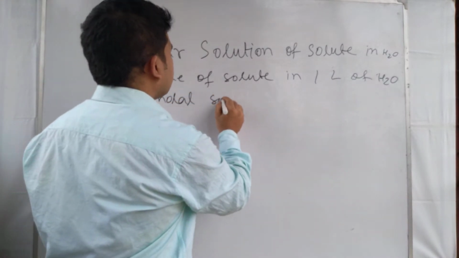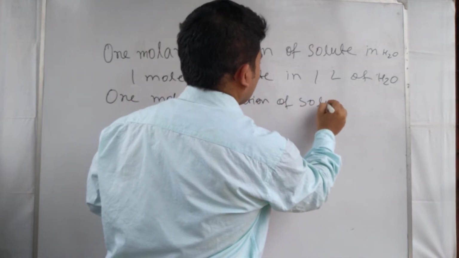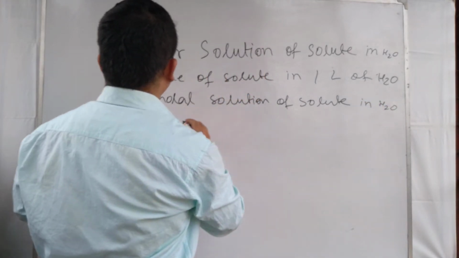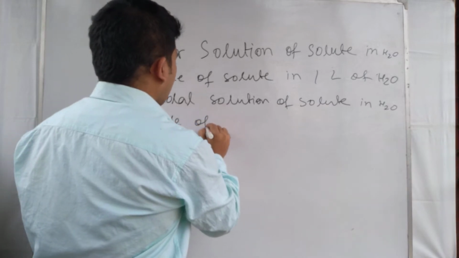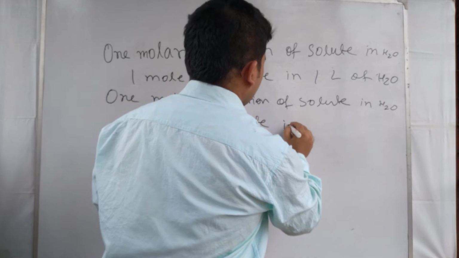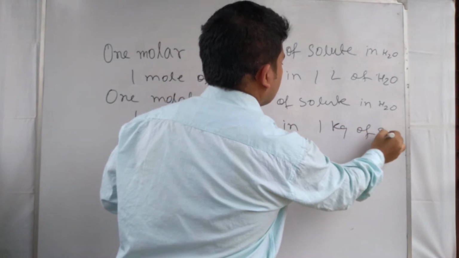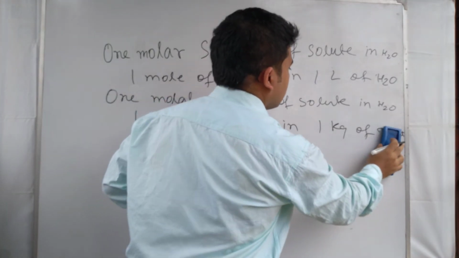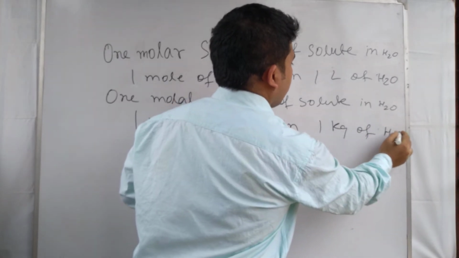And a 1 molal solution of solute in H2O means 1 mole of solute in 1 kg of solvent, that means here 1 kg of H2O.